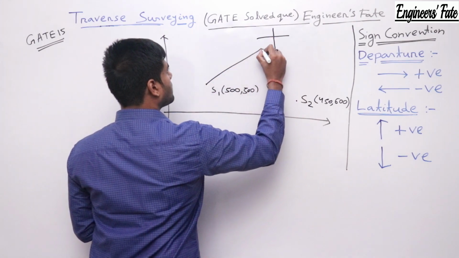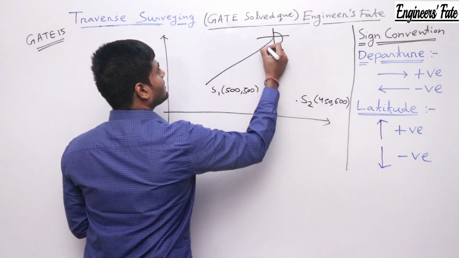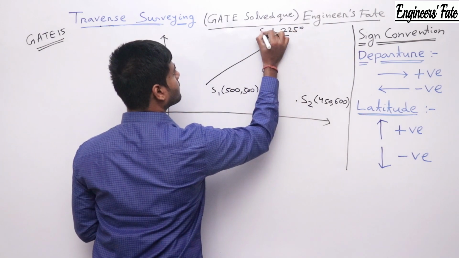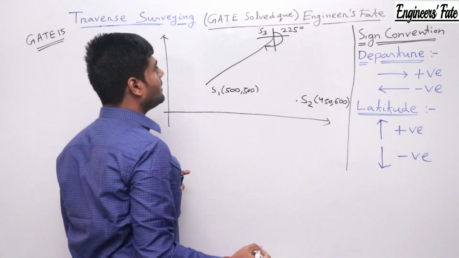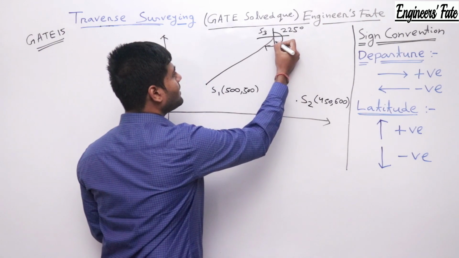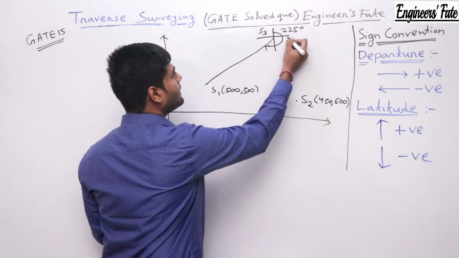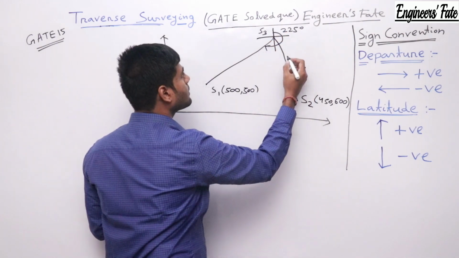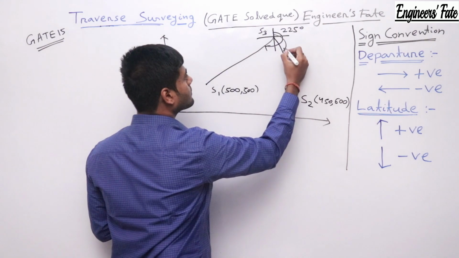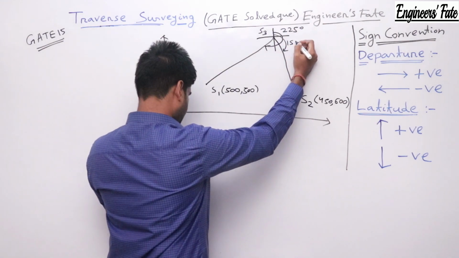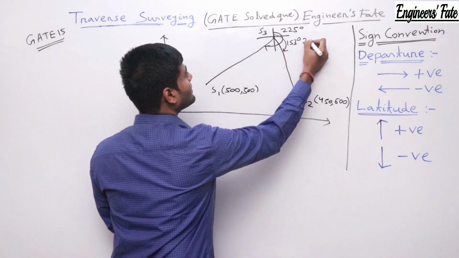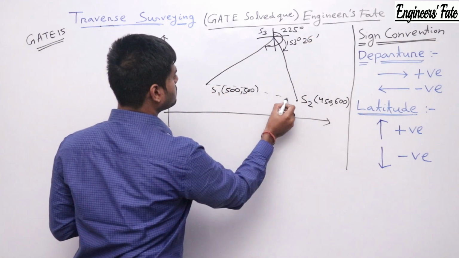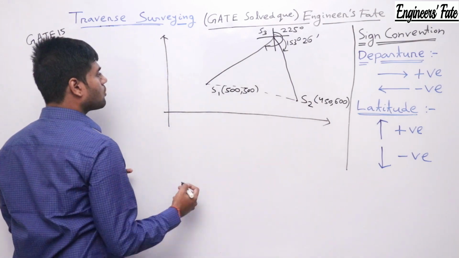So this can be 225 degree. This is S3. Similarly, 153 degree lies between 90 degree and 180 degree. So this value will be 153 degree 26 minute. So now I can join to form a closed traverse.